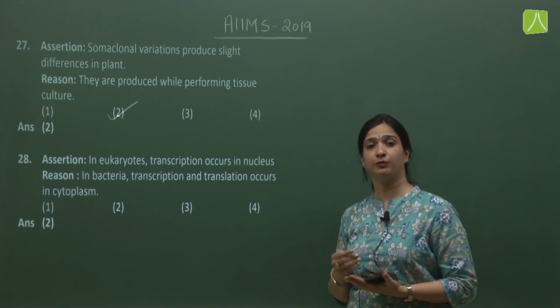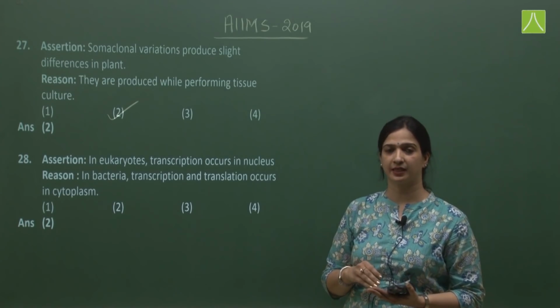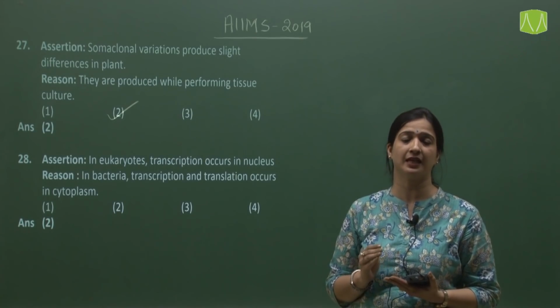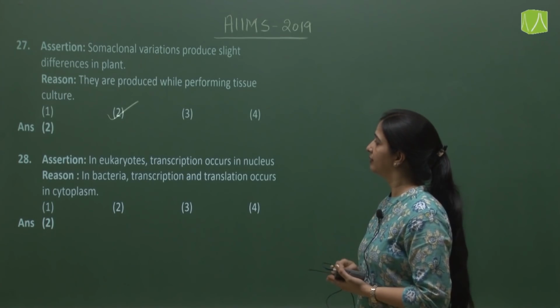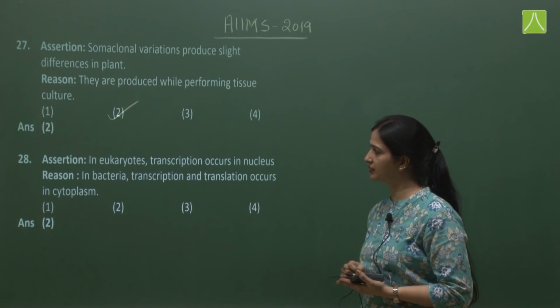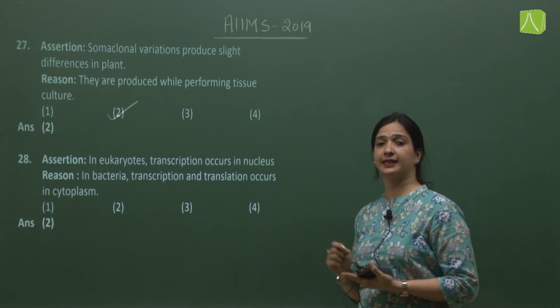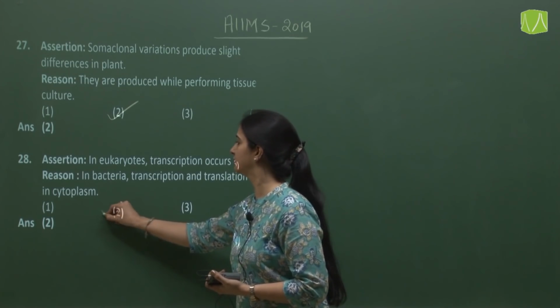But if we talk about prokaryotes or bacteria, here the process of transcription as well as translation is carried out in the cytoplasm because it has an unorganized nucleus. If we look at the reason, in bacteria, transcription and translation occur in the cytoplasm. Both statements are correct, but the second one is not the correct explanation of the assertion. So here the correct answer will be second.